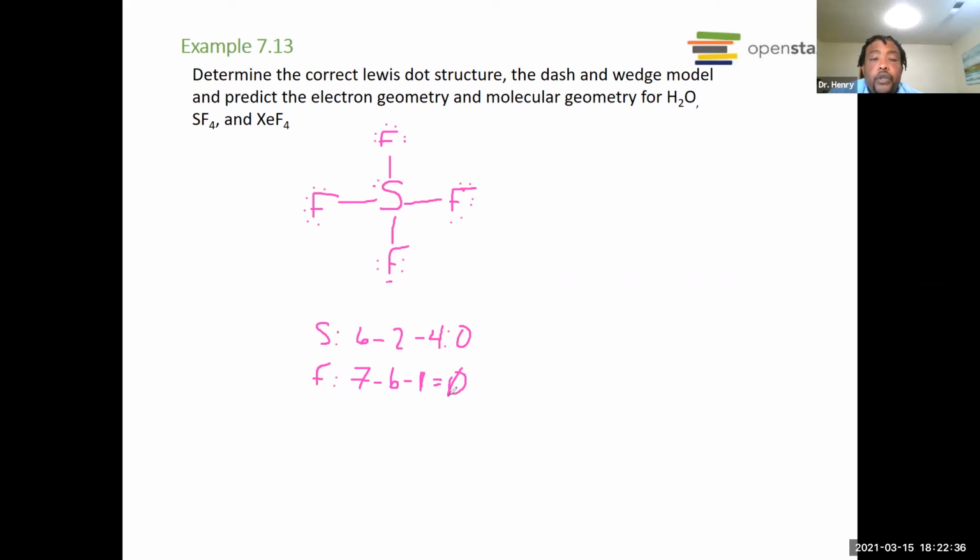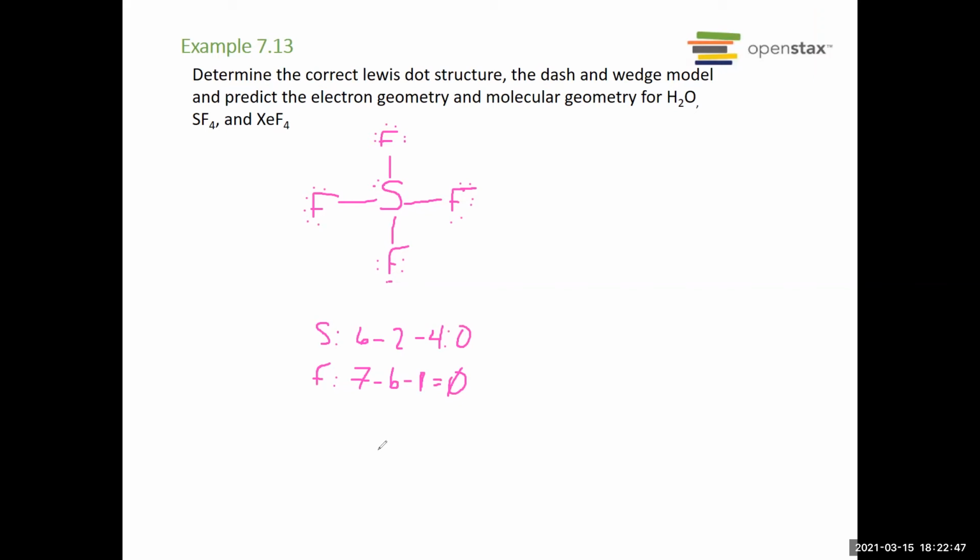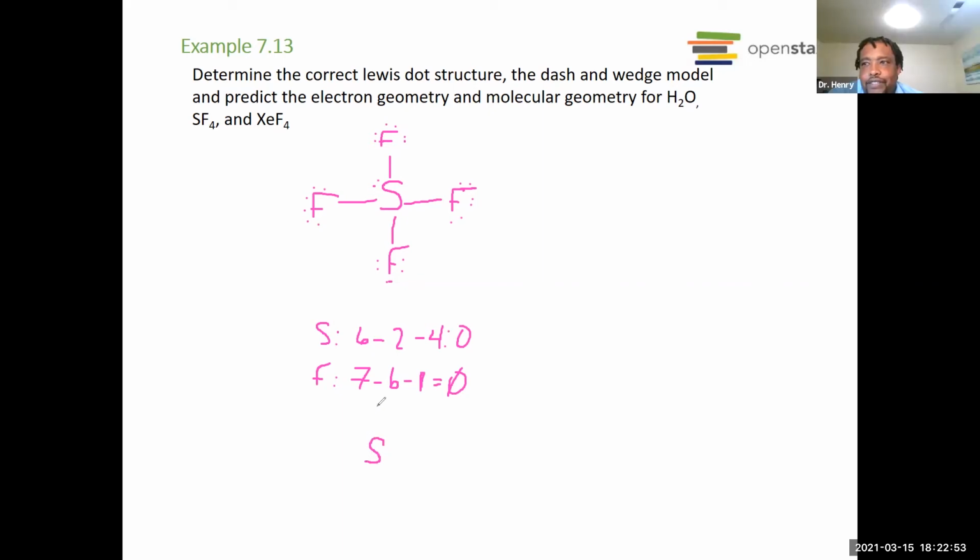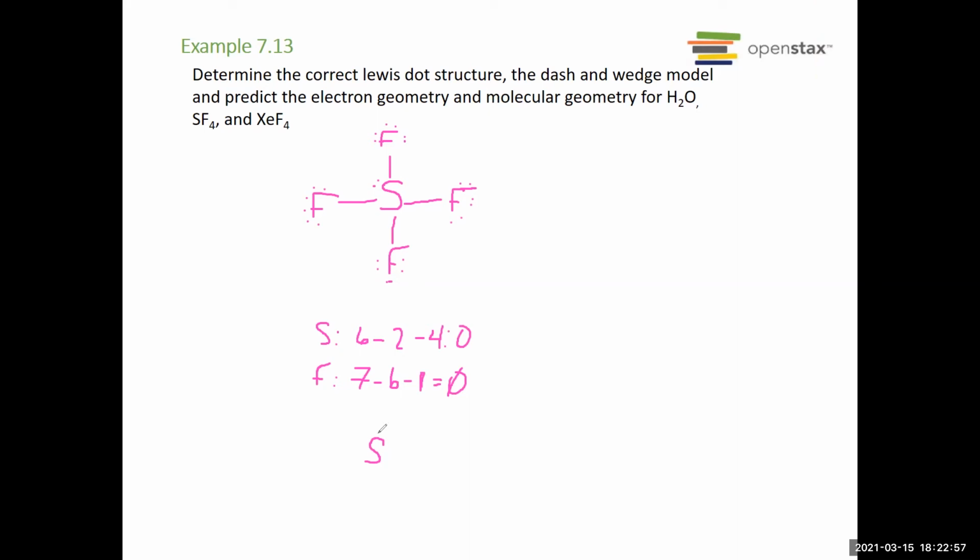So what is the wedge dash diagram going to look like? Tetrahedral? Oh, no. So how would I draw my wedge dash? Would it be trigonal pyramid?